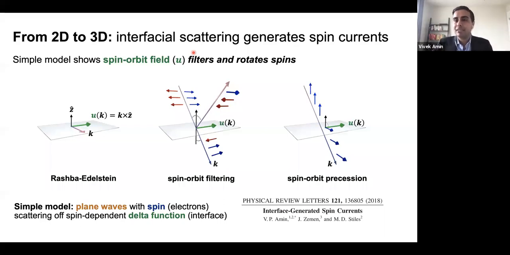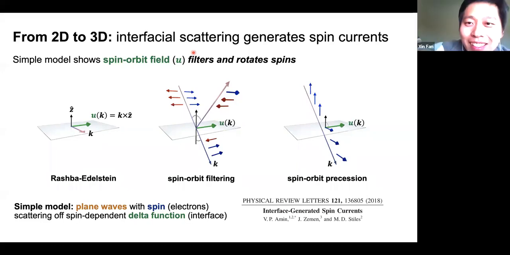If you're interested in switching perpendicular ferromagnets or driving perpendicular spin torque oscillators, which have many applications, that's something which would potentially be quite useful. At the same time, if you're interested in the spin Hall effect for any reason whatsoever, the spin orbit filtering current has the exact same orientation. So it's possible that that's something that could either help or hurt depending on what your application is.